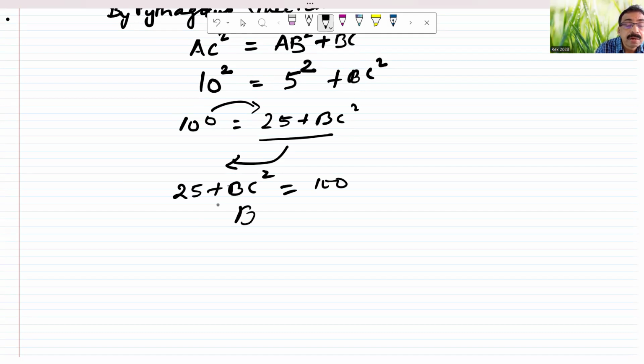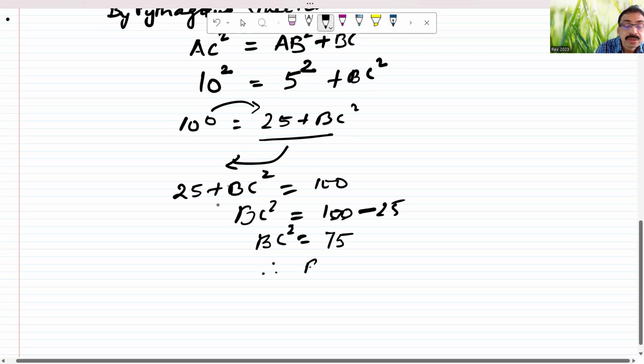Keeping BC squared here because that's what we want to find out, BC squared is equal to 100 minus 25, which is 75, right? So BC squared is equal to 75, but we need to find out what BC is. Therefore, BC is the square root of 75.